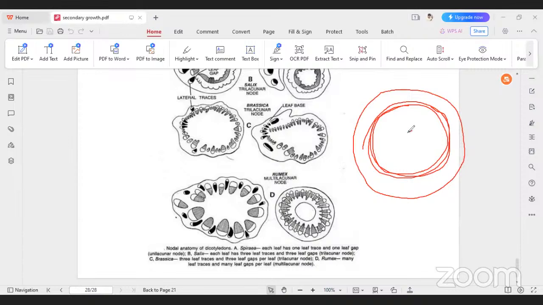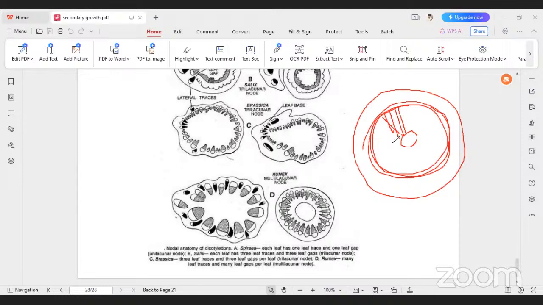Here secondary xylem. This is the normal condition. But what happened due to the abnormal activity?